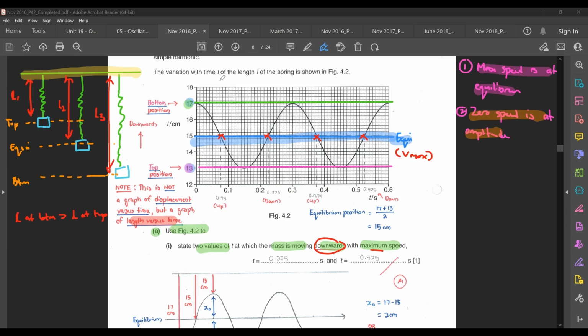Okay, so the one with the longer length should be your bottom position, whereas the one with the shorter length ought to be your top position. You can actually clearly see this from your diagram if it's drawn like this. The one with the shortest length is actually you at the top position, whereas the longest length is actually you at the bottom position. And then the one in the middle somewhere is going to be your equilibrium.